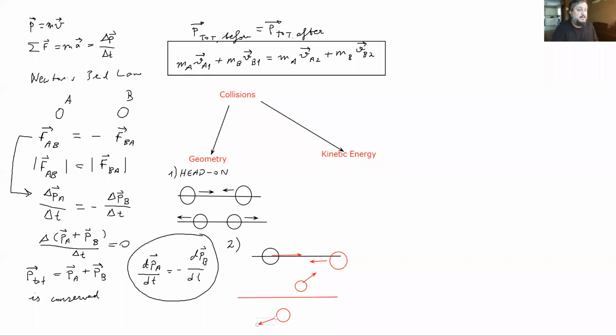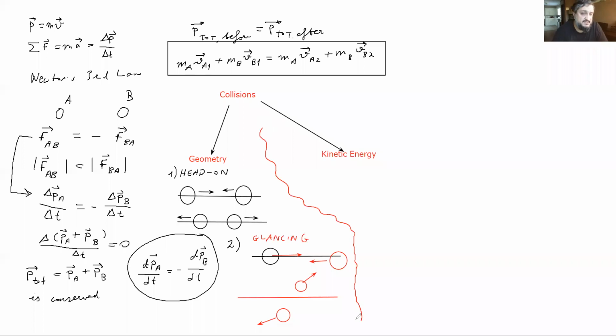All right, and this type of collision is called a glancing collision. All right, so this is based on the geometry, just two types for now.